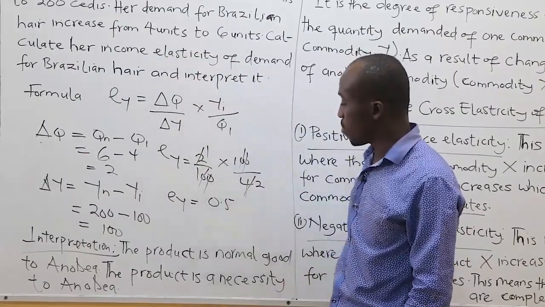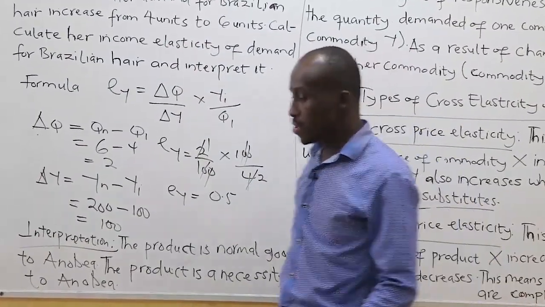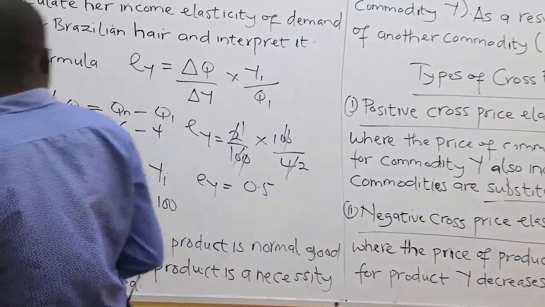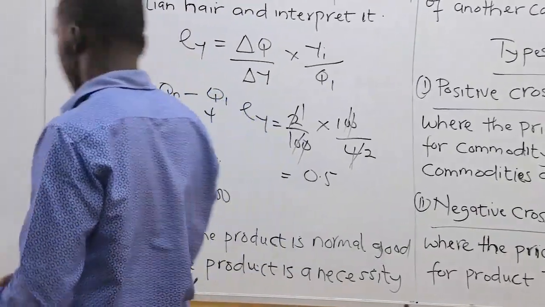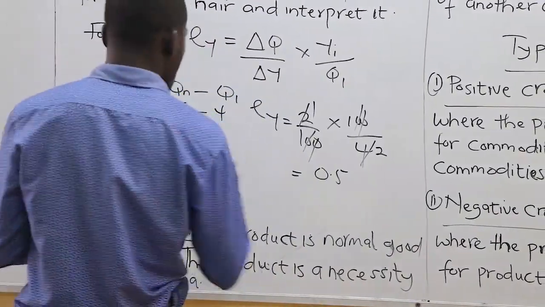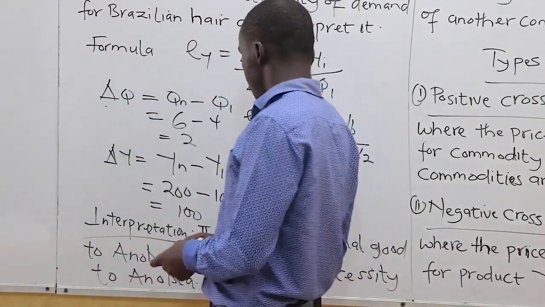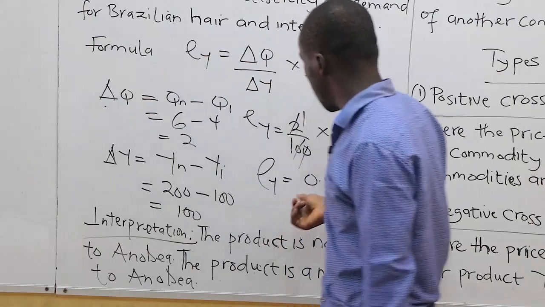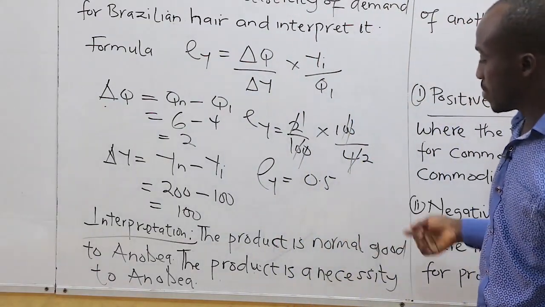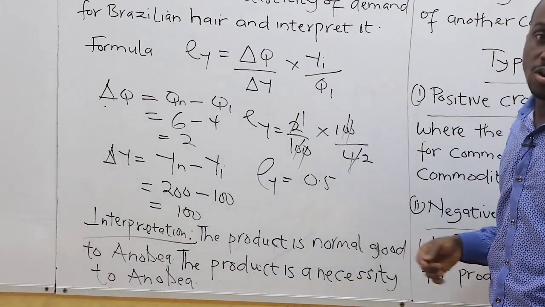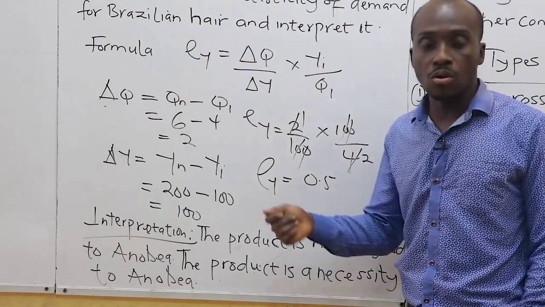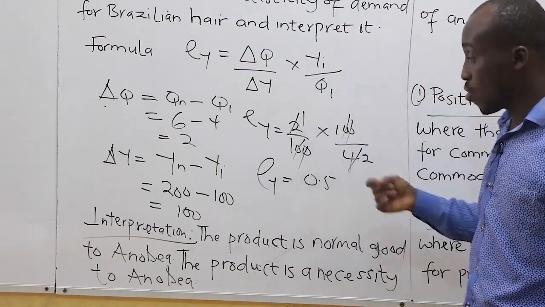You're going to get an income elasticity of 0.5, which means that whenever income elasticity is positive, it's a normal good. So the product is a normal good.